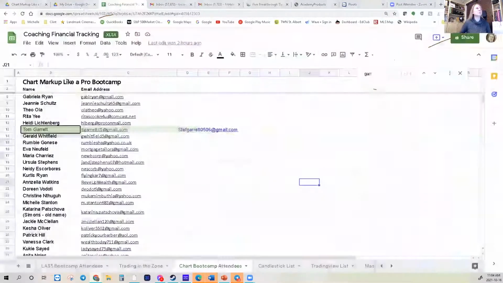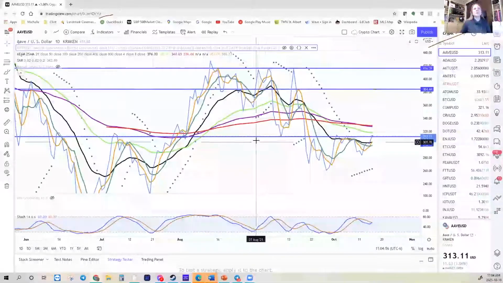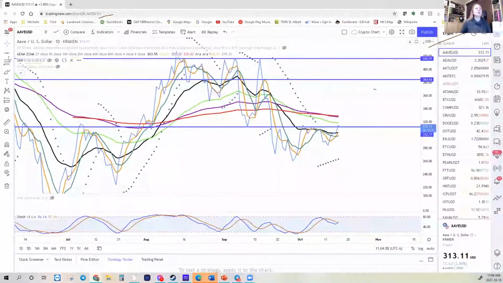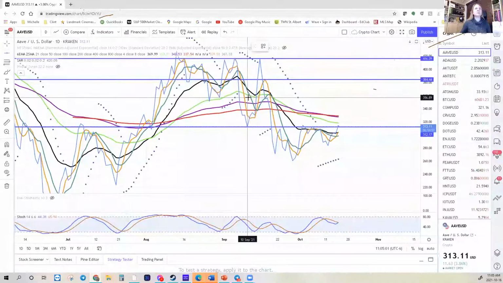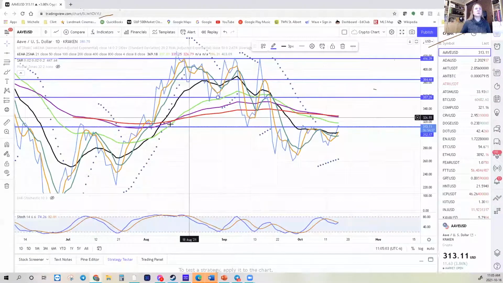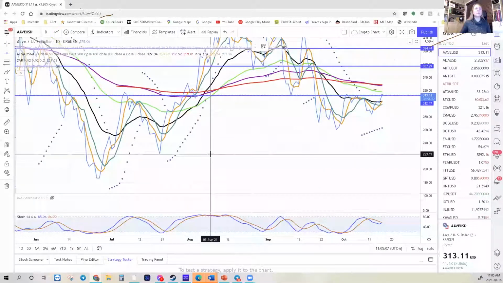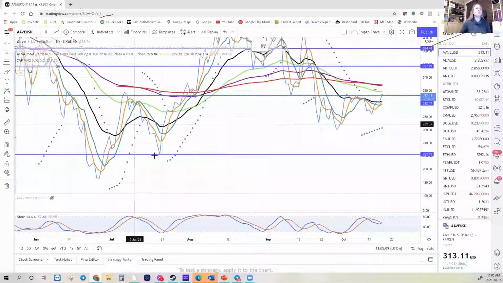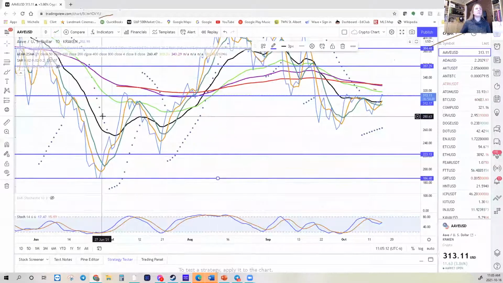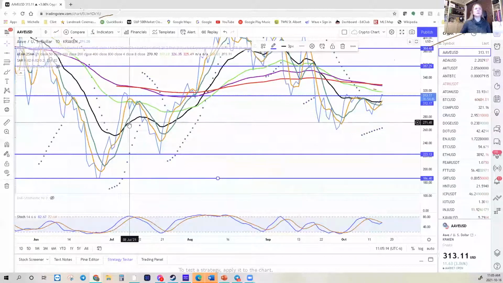I'm just going to turn it off so that you can see how we would do this. Okay, let's go back on. So you can see here, we would go ahead and put in some support and resistance lines, turn our candles back on afterwards to really make sure that we're doing it right. And whatever crypto that you're in.